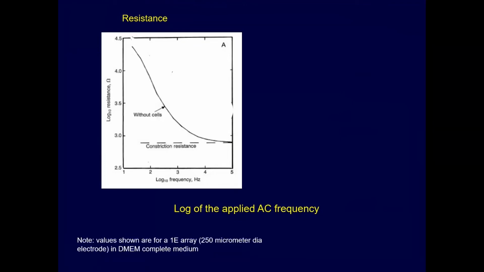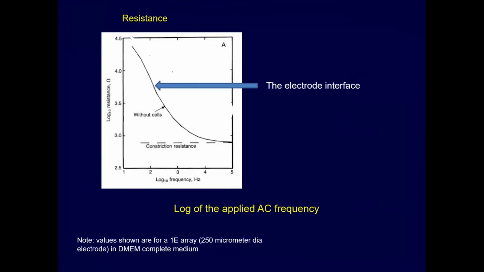It's a very complicated curve in a way. The electrode interface accounts for this slope. In other words, the problem of current moving at the interface of the electrode becomes much easier, less resistance, as the frequency goes up.